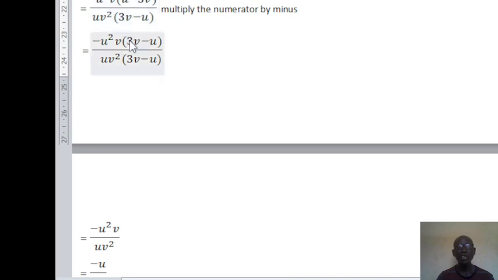That is the reason why I rearrange it to suit my purpose, so that I can delete 3v minus u and 3v minus u from both numerator and denominator, leaving me with minus u square divided by u v square, which is what we have here.